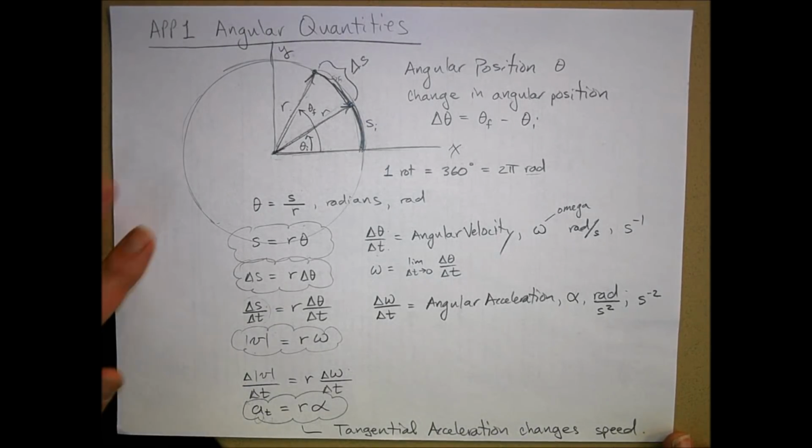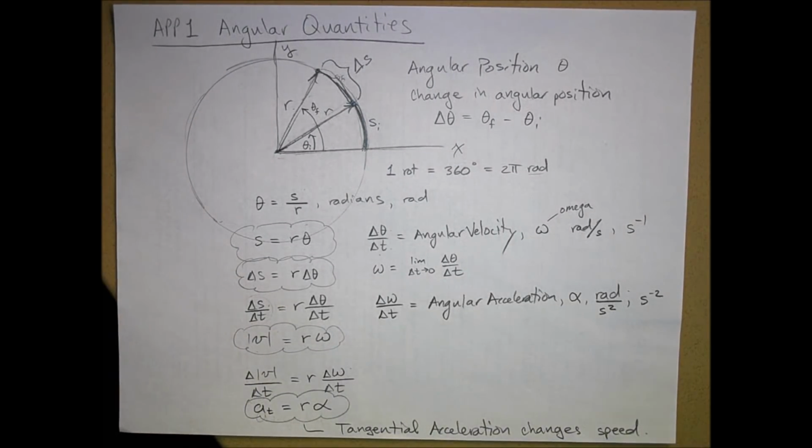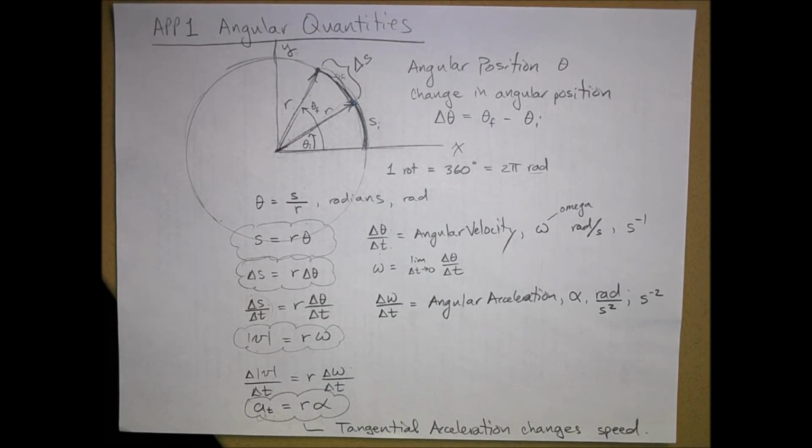Now, let's talk a little bit about velocity. Velocity is a vector. Vectors have magnitude and they have direction. Now, we dealt with this earlier. What do we call an acceleration that changes the direction of a velocity vector?